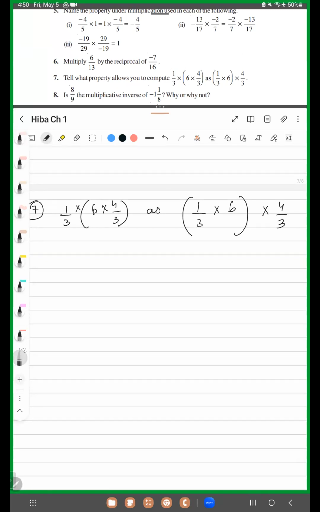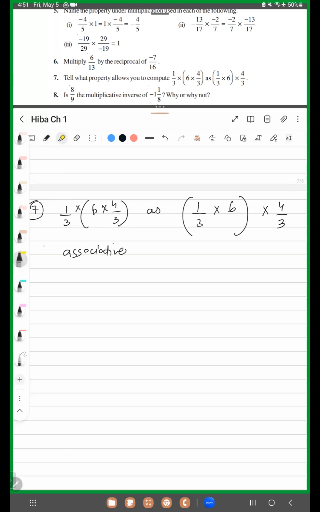Which property is this? Distributive. No. Look carefully at what is happening here. Yes, this is associative. Because here you are changing the order of computation.